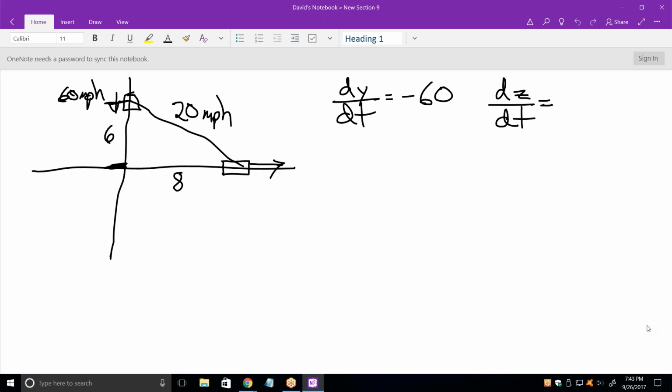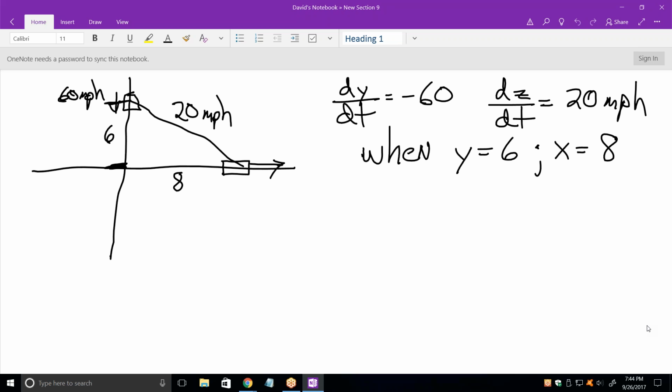As long as that cop car is headed south towards the intersection, it's not making up any time on this robber car. The robber car is going due east. We're still going due south. It has to be increasing at 20 miles per hour when, and this is always critical, when y is equal to 6 and x is equal to 8.